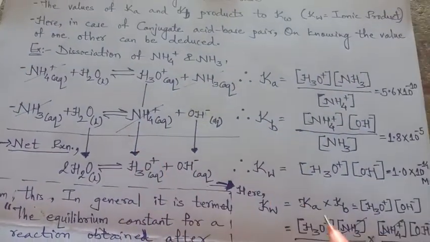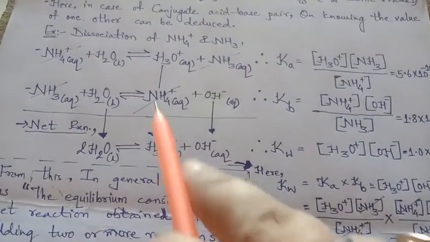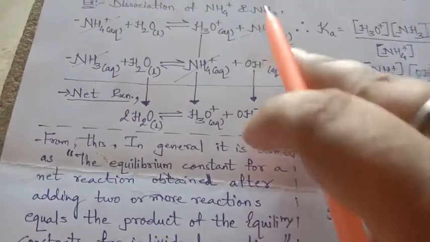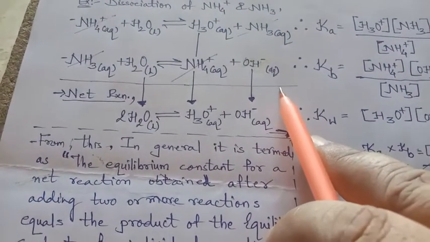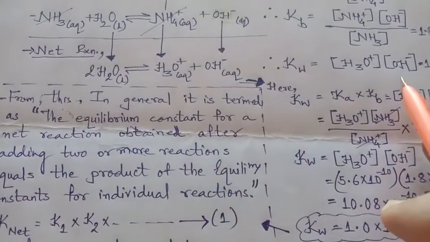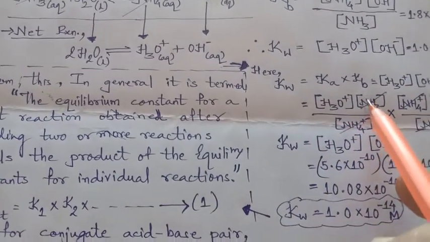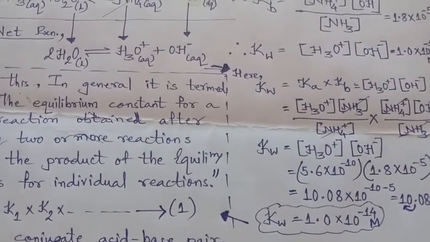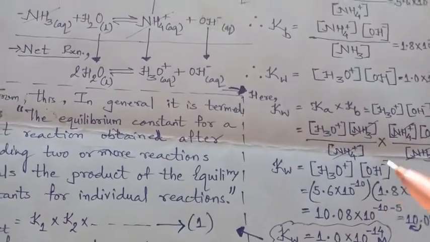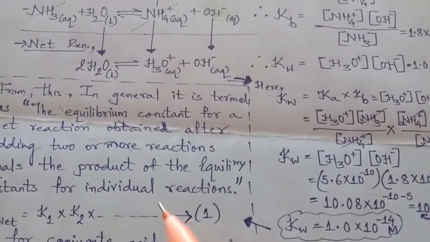So from this example of the dissociation of ammonium ion to ammonia in the hydrolysis reaction, we can say that the equilibrium constant for a net reaction obtained after adding two or more reactions equals the product of the equilibrium constants for individual reactions, that is Ka, Kb, and if there are still more reactions with acidic or basic form, and we consider them as K1, K2, K3, K4, then the multiplication of individual strengths and the addition of the reactions are equal.